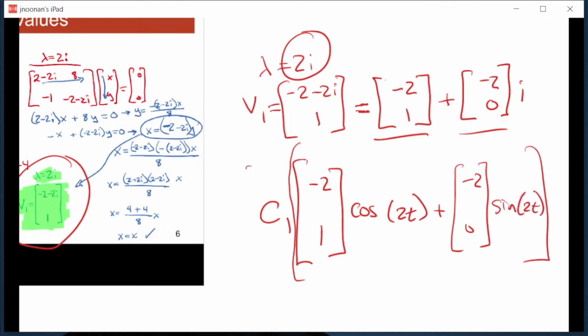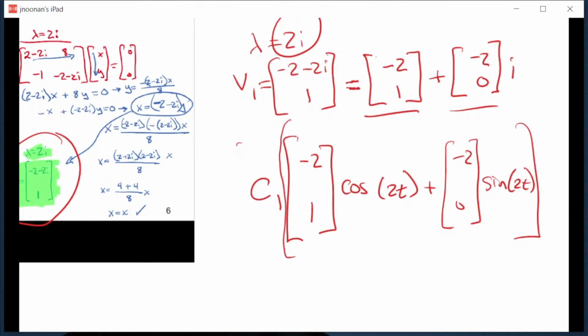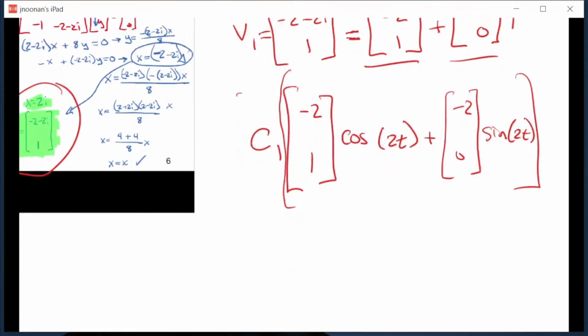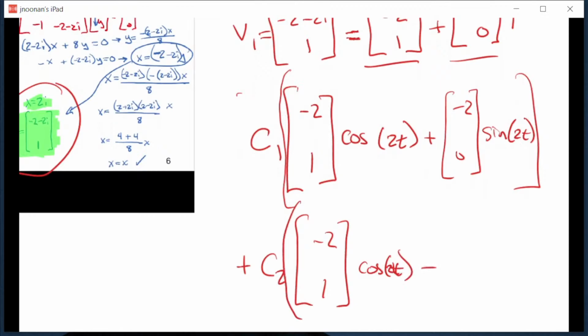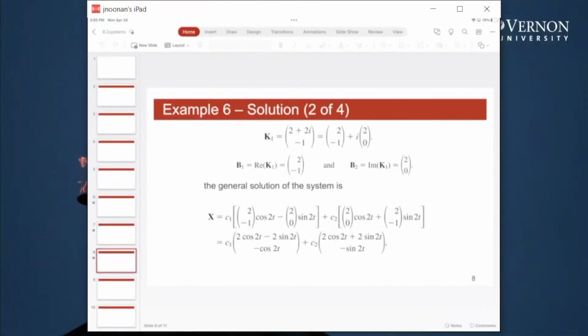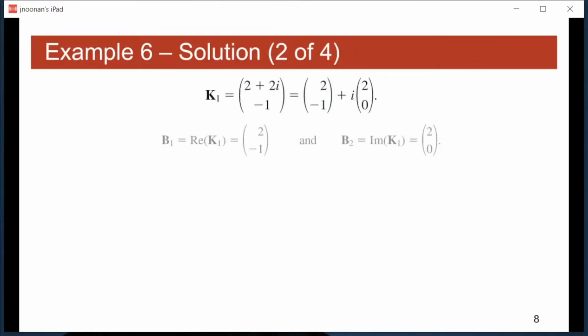So think of it as your real part corresponds with cosine, imaginary corresponds with sine, and then you add to this plus C2 times negative 2, 1 times the cosine of 2t, minus negative 2, 0 times the sine of 2t. Sorry, this is a mess. Let me go back to the PowerPoint so you can see it in all of its glory.